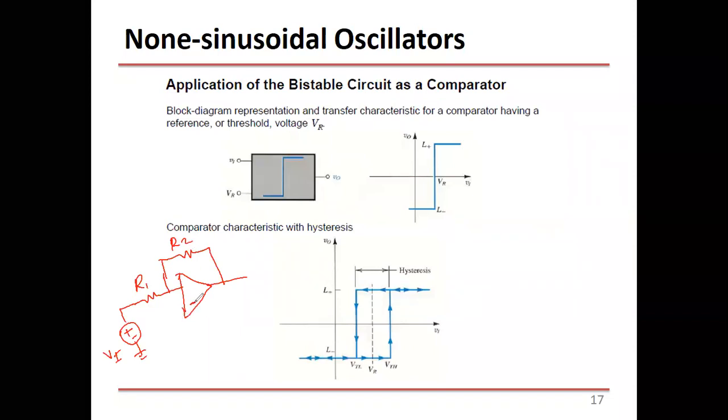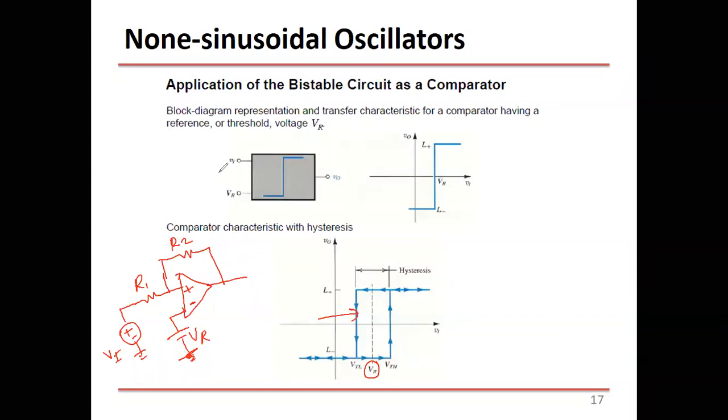And the inverting terminal, instead of connecting to the ground, we connect to V reference. If you do this, you shift the hysteresis loop to the right by VR. Now this is the one with hysteresis. This one is without hysteresis.